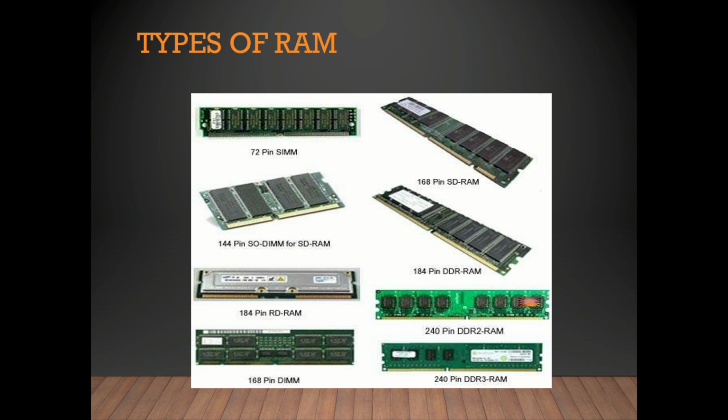The most common types of RAM used in computers include dynamic RAM, that is DRAM, synchronous dynamic RAM, that is SDRAM, Rambus dynamic RAM, that is RDRAM, double data rate synchronous dynamic RAM, that is DDR SDRAM, double data rate 2, 3 or 4 synchronous dynamic RAM, that is DDR2, DDR3 or DDR4 SDRAM, and most recently quad data rate synchronous dynamic RAM, that is QDR SDRAM.